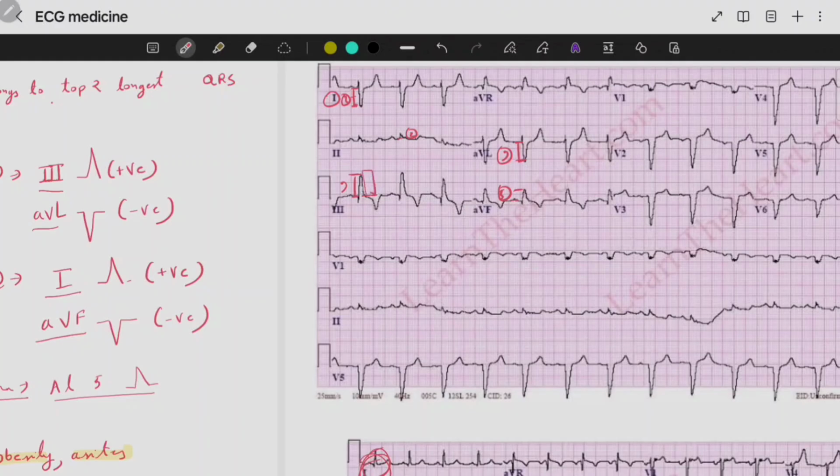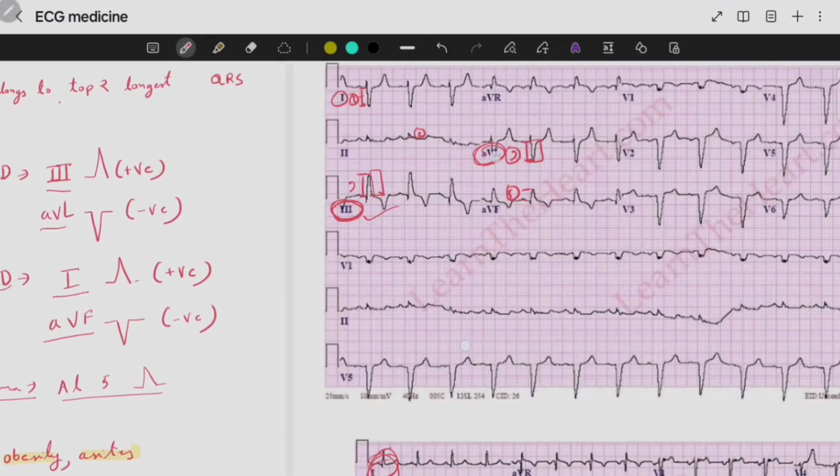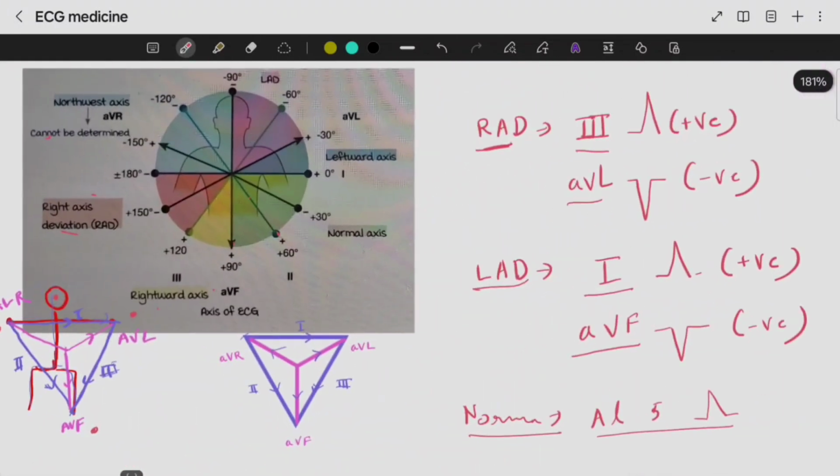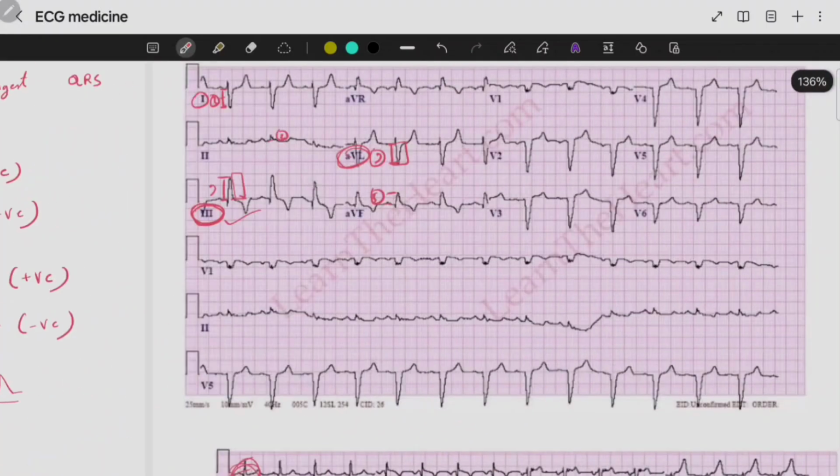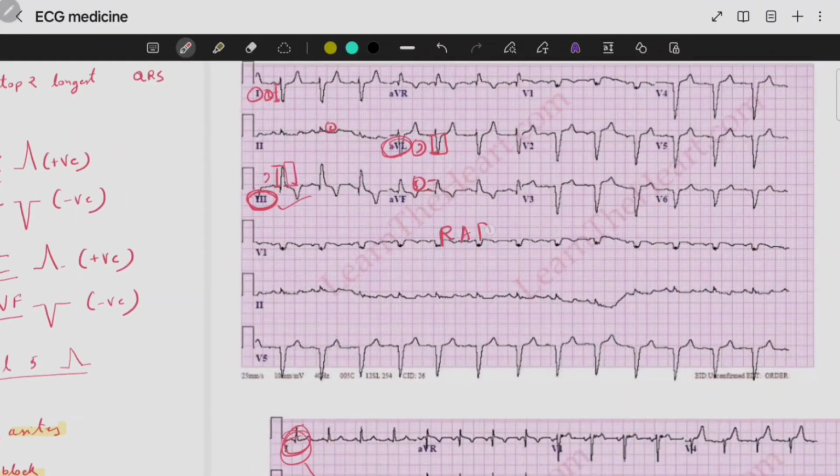The highest positive is lead 3 and the second highest is negative, means the axis is towards lead 3 and opposite to aVL. Okay, so the positive means the vector goes towards the right axis and it is opposite to aVL, because aVL is negative. So this is the positive side of aVL and this is the opposite side of aVL. That's why the lead is negative. So this ECG belongs to this area, means 120 to 150 degree, means it is a right axis deviation ECG.